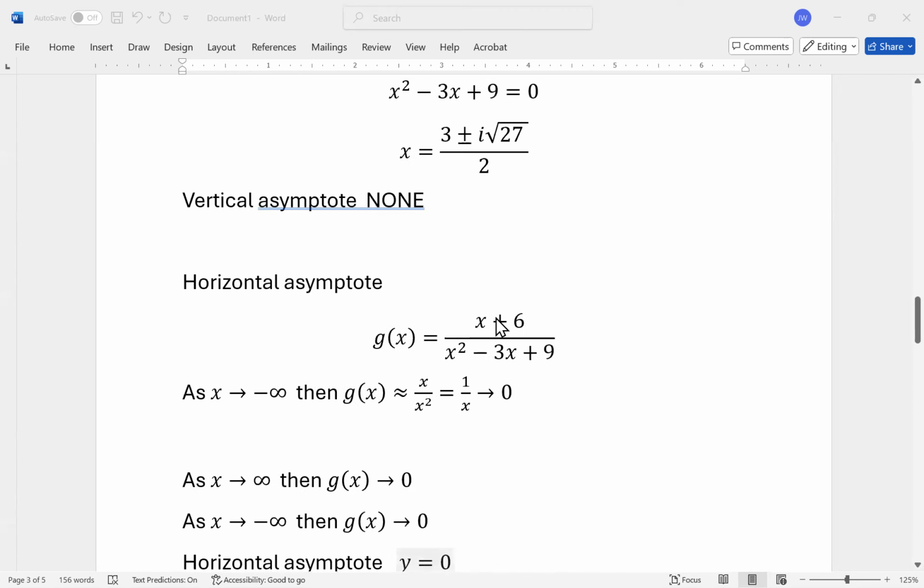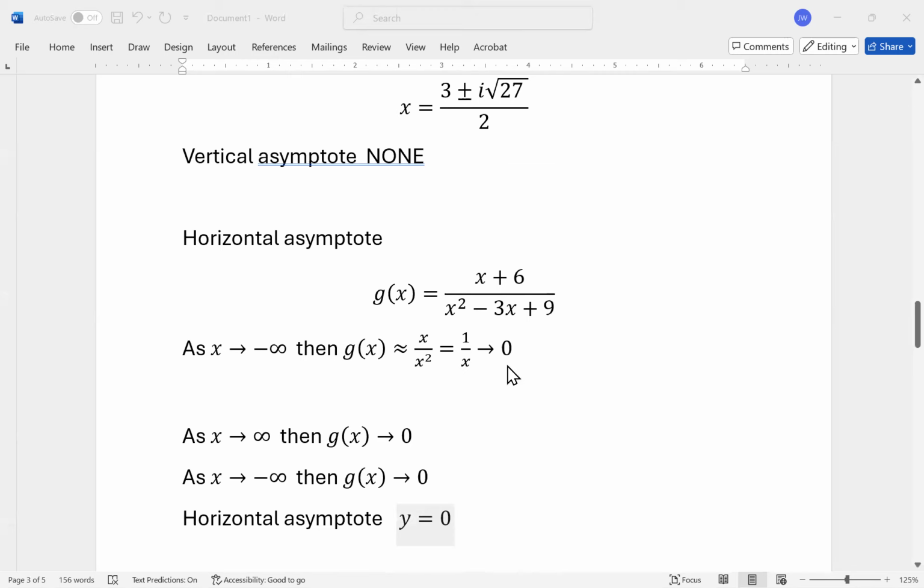When we had the degree on top smaller than the degree on bottom, then we ended up with a horizontal asymptote of y equals 0. We had faster growth on the bottom, so our entire rational function was going towards 0.